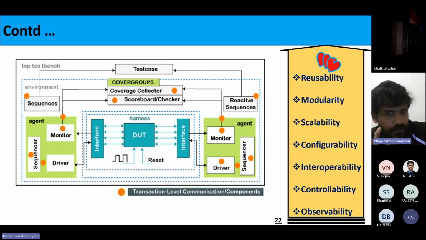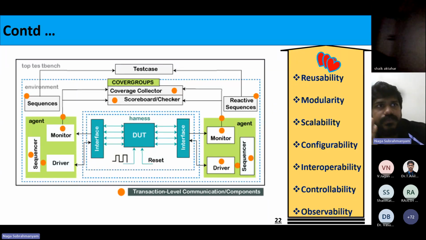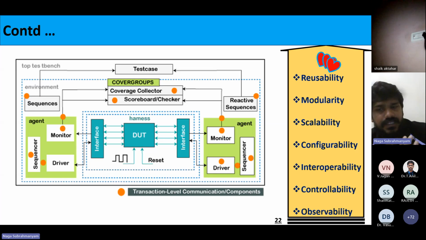Like I want this many environments to send this data, and I want that many environments to send that data. Using configurability, we can control those. And we can extensively observe those things, meaning which environment is sending which data, which test bench is sending which data to the design. That is observability, right?